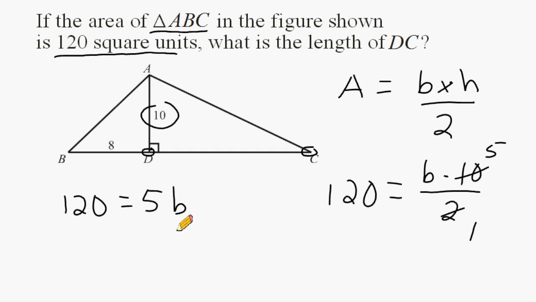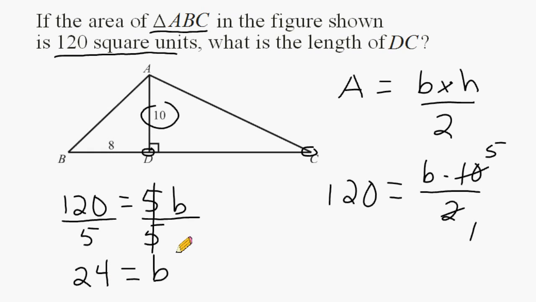Well, to figure this out, we can isolate the variable b by dividing this side of our equation by 5. Dividing 5 by itself will give us 1 whole, and that will leave us with 1b on the right side of our equation. And on the left side, we must divide by 5 as well, so we have balance to our equation. And 120 divided by 5 is 24.